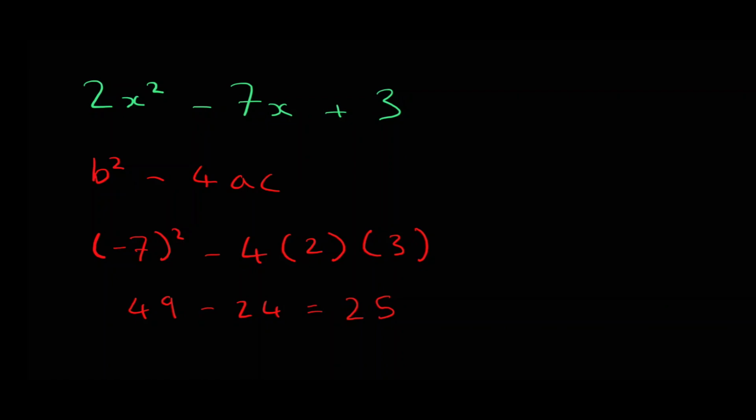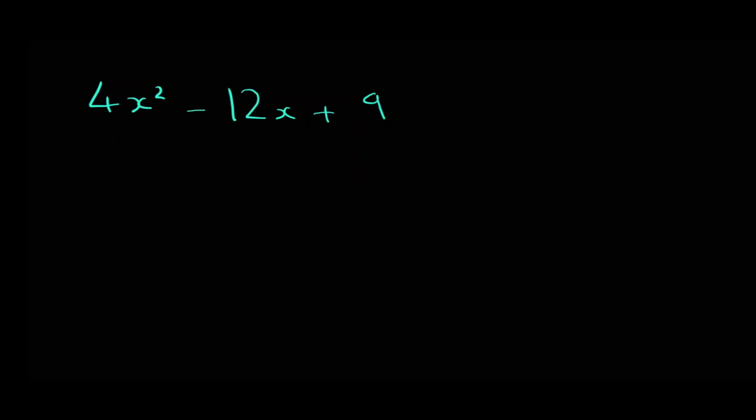So that means that the discriminant is 25. And remember, if the discriminant is greater than 0, that means you have 2 real solutions. So because 25 is greater than 0, this quadratic has 2 real solutions.